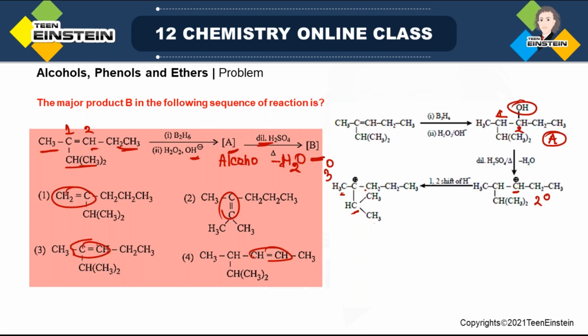Now in this carbocation, next you have to remove a hydrogen atom. There are a total of 3 positions. You can remove it from here, suppose this is A; you can remove it from the right-hand side CH2; or you can also remove this hydrogen, which is C. So 3 possibilities are there.